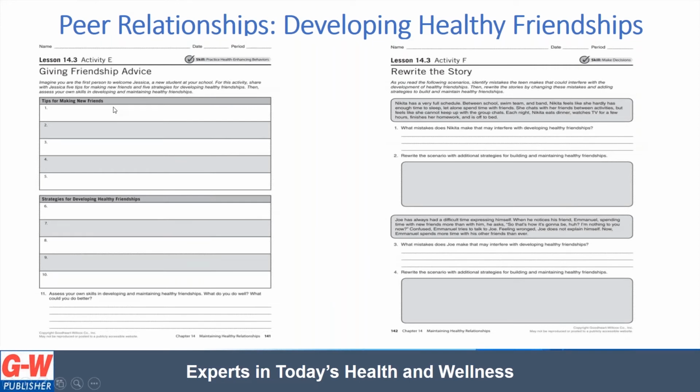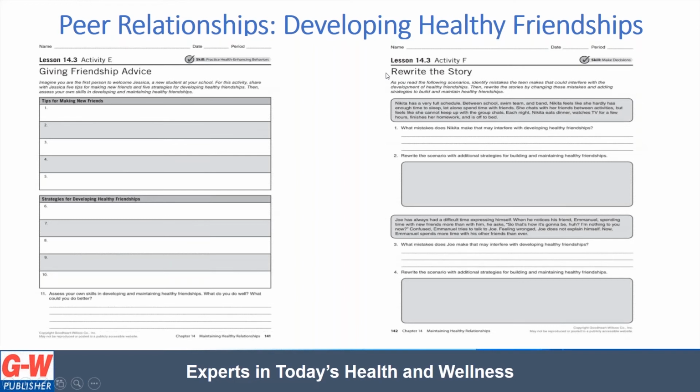They're going to provide 5 tips to Jessica for making new friends. They're also going to provide strategies for developing healthy friendships. Then students are going to self-assess and think about their own skills in developing and maintaining a healthy friendship. What do they do well, and what could they do better?